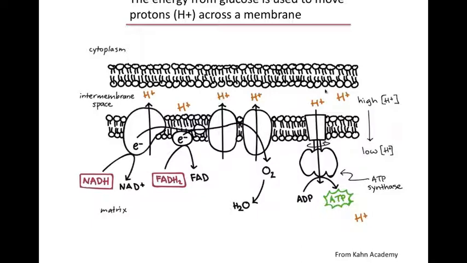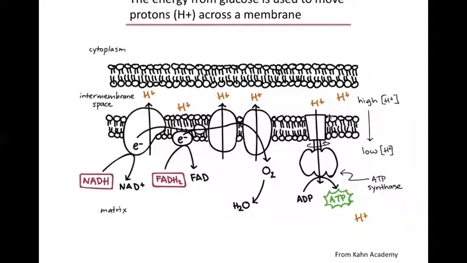And that's the last player in here. It's one of the most amazing enzymes in biology. It is the enzyme that actually makes ATP using this electrical energy that's stored across this membrane.